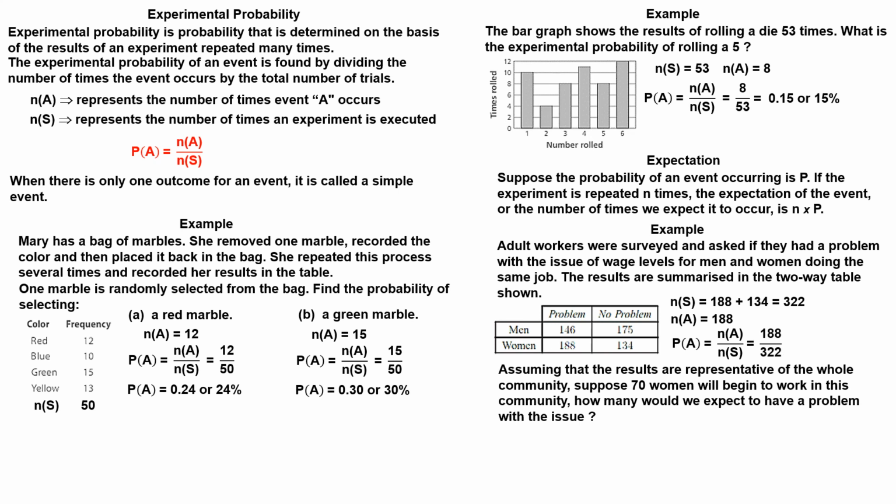The probability is 58%. The expectation is n times P. 70 women times 0.58. The expectation is 40 women would have a problem with the issue.